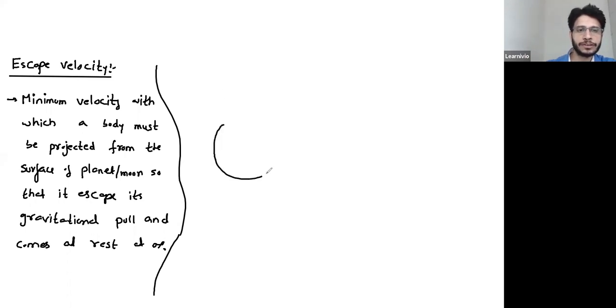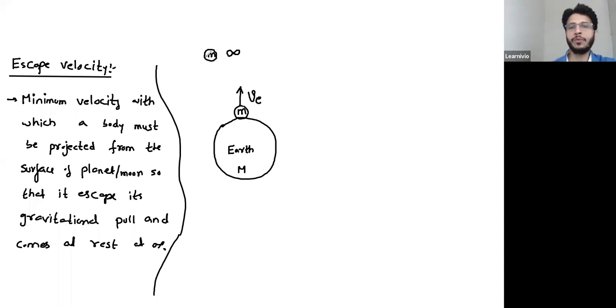So let's say this is Earth. Mass is capital M. This is a body of mass m. You are projecting this body with a velocity which is escape velocity. So it will reach up to infinity, and at infinity it will come at rest. Since the body comes at rest, its kinetic energy is zero.